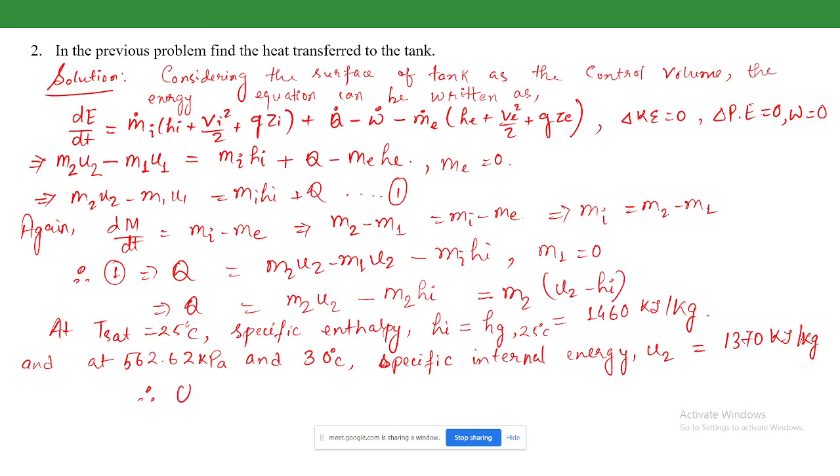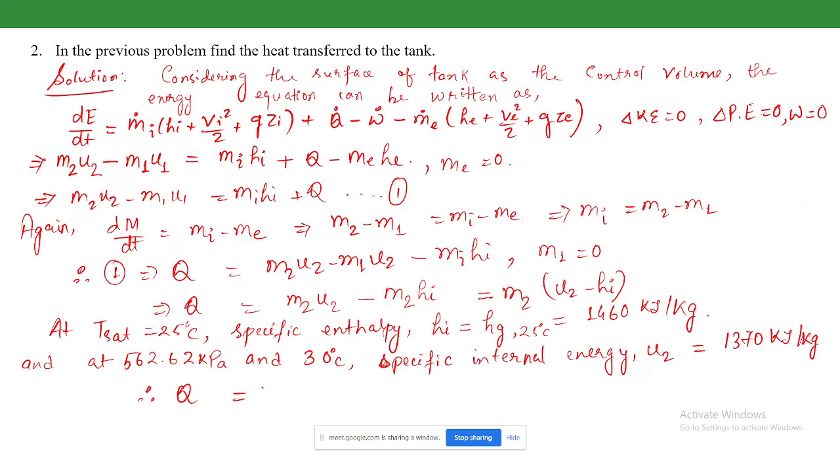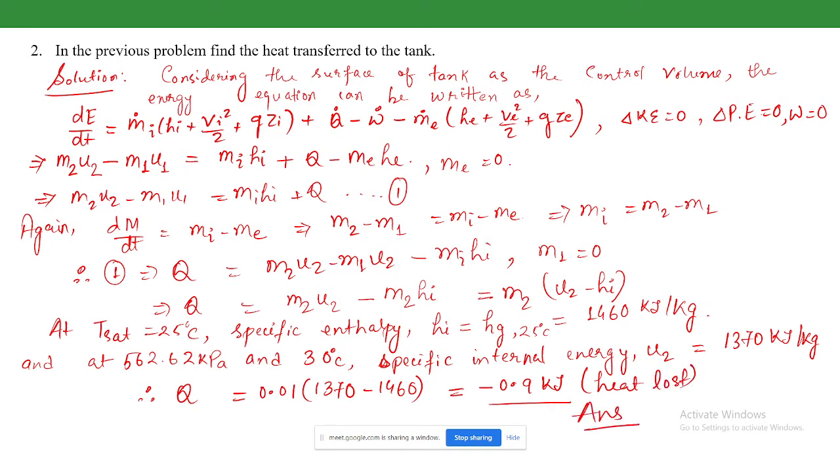Therefore the heat transferred Q is equal to m2 times u2 minus hi. The mass is given as 10 grams, so 0.01 multiplied by 1370 minus 1460. It comes out to be equal to minus 0.9 kilojoule. This is the heat lost actually. Okay, so this is the answer.